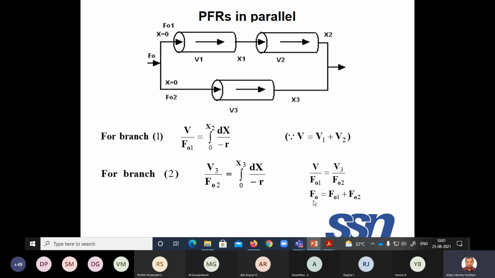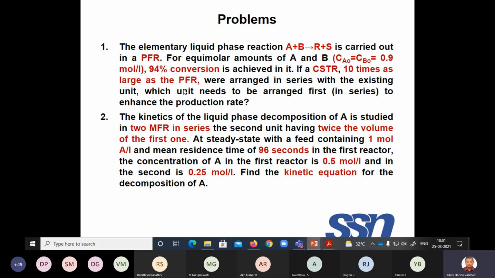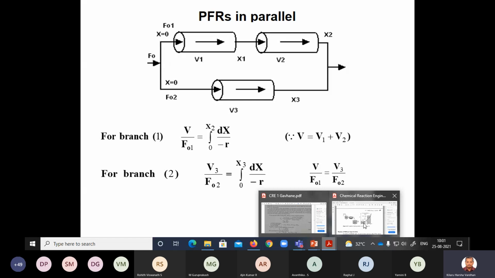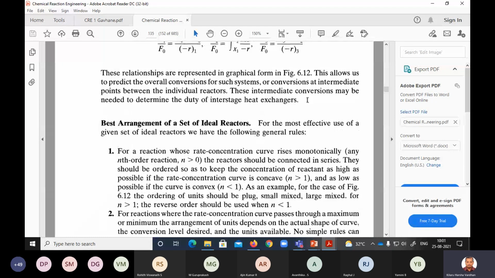So what we need to do is, whatever the initial flow rate is, it should equal this flow rate plus this flow rate. The flow rate should be the same. Therefore, here there are two reactors, so 2/3 should be sent to this and 1/3 should be sent to this. That you can see as a problem in this particular thing.